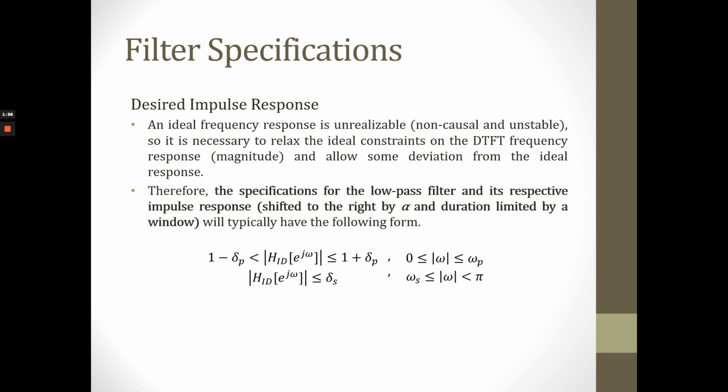Therefore, the specification for the low-pass filter and its respective impulse response, where we need to shift it to the right by alpha and duration limited by a window, will typically have the following form. Based on this equation, the magnitude of the ideal frequency response H_id must be larger than 1 minus delta p, where this is the deviation, and equal or lower than 1 plus delta p, for frequency between 0 and ωp.